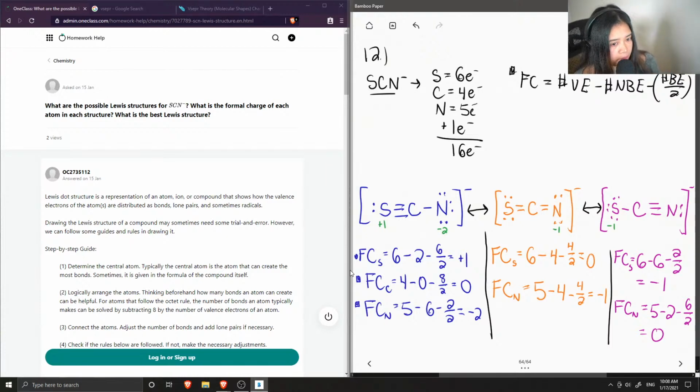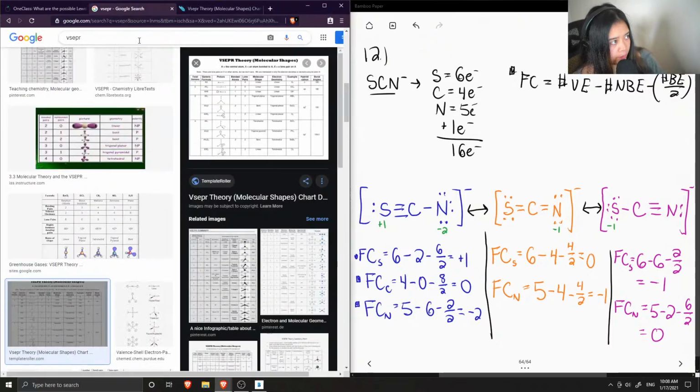Okay, so these are all of the different resonance structures. And typically to find the best Lewis structure, we want to have the least number of formal charges in the structure. So we can already rule out our first option. And we want the negative formal charge to go to the more electronegative atom.